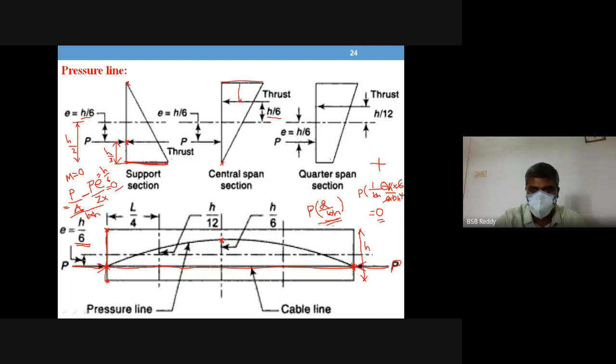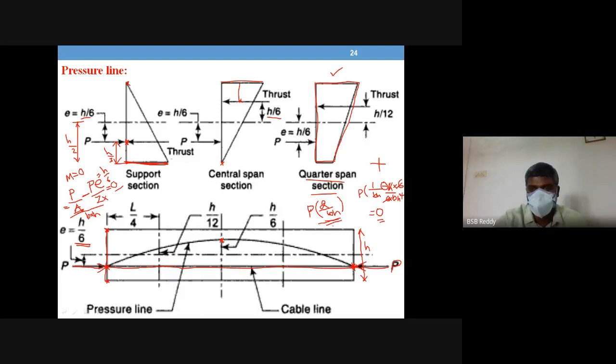And even you take quarter section, quarter span. Okay, so what will be the bending stress along with the loads and all. Okay, pre-stress and loads, if you combine everything, at the quarter section the resultant stress is a trapezoidal diagram. Okay, and this is the stress diagram at quarter span section.